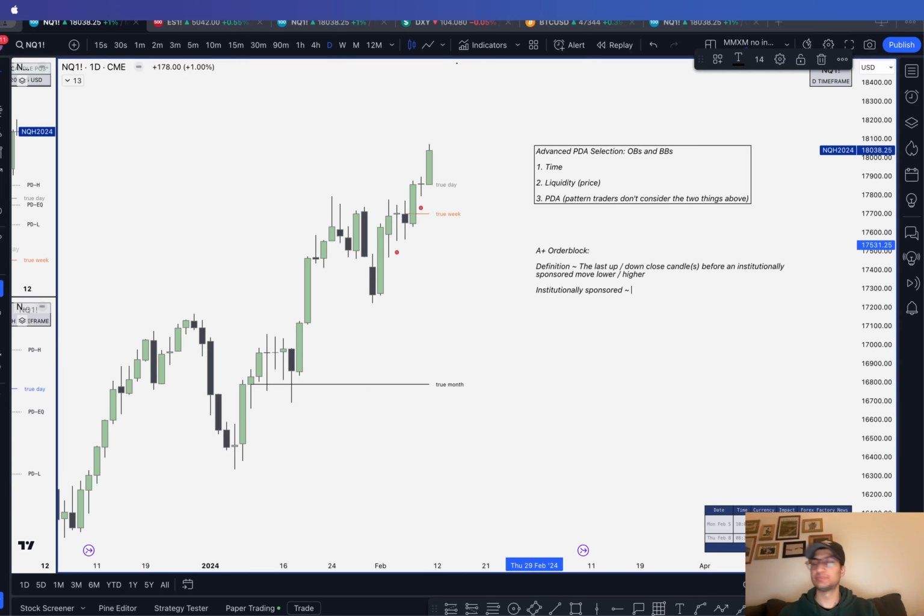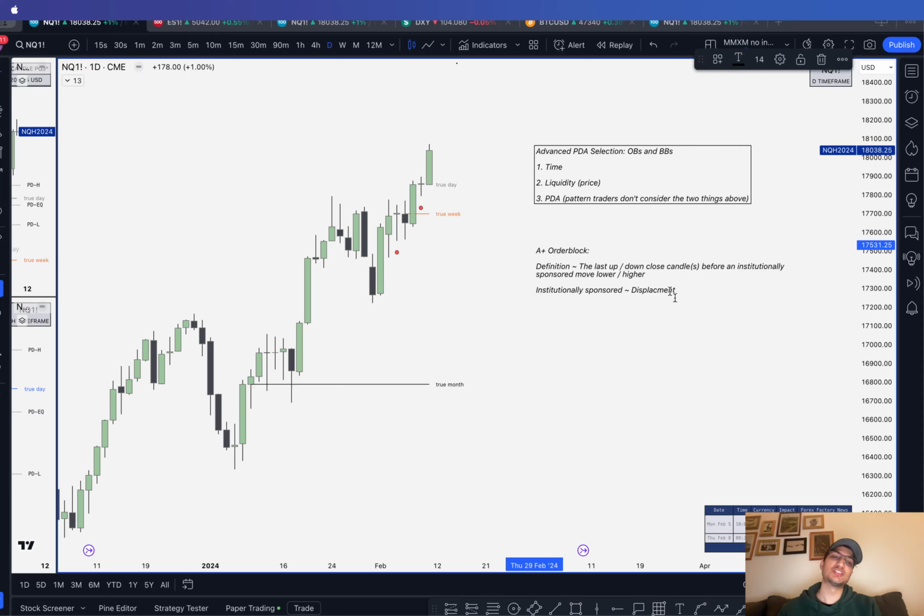What does that mean? It's where smart money's getting in. Sure. What does that look like in terms of a chart pattern? Displacement? Yes. Nice. Yeah, I like that word a lot, okay? You're going to hear me use it a lot. Displacement. Fantastic. If I ever say institutionally sponsored, let's now make that word tantamount or equivalent to displacement, okay?